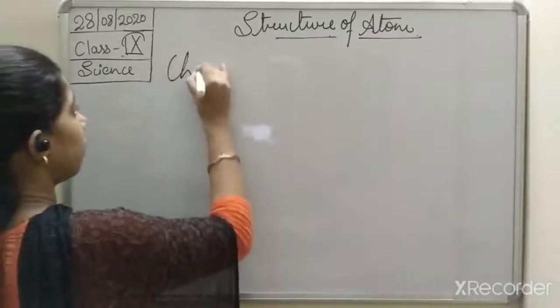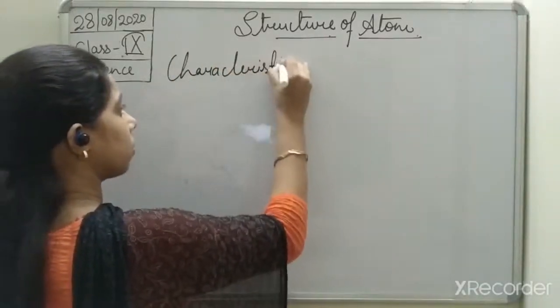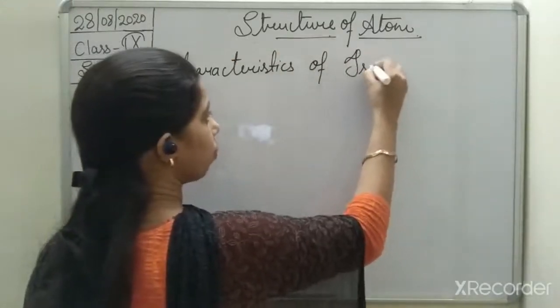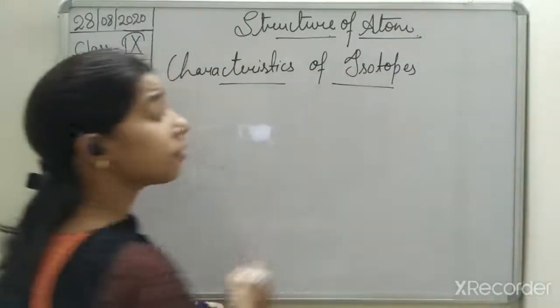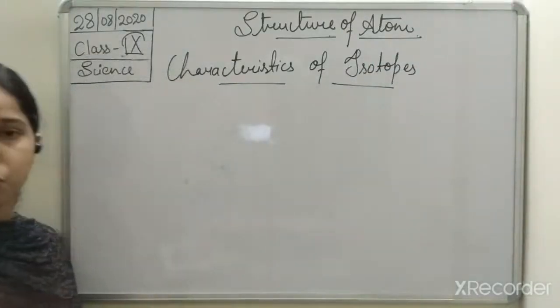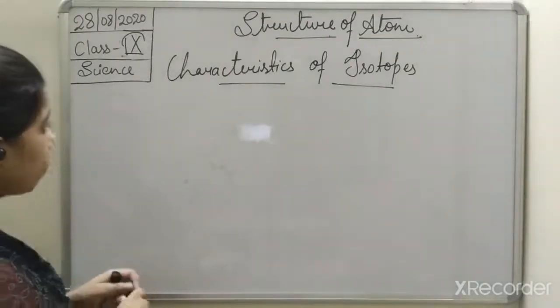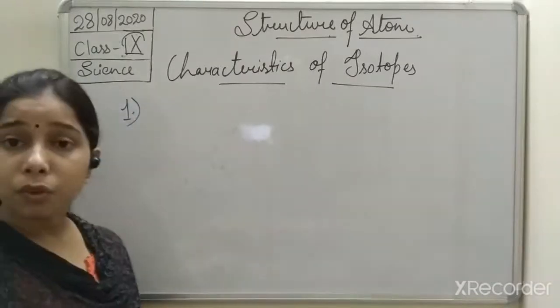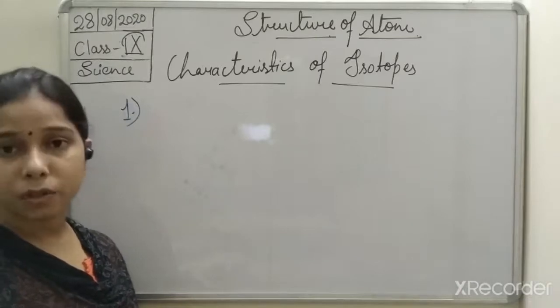Characteristics of isotopes. What are the different characteristics of the isotopes? The first characteristic: all the isotopes have the same atomic number.